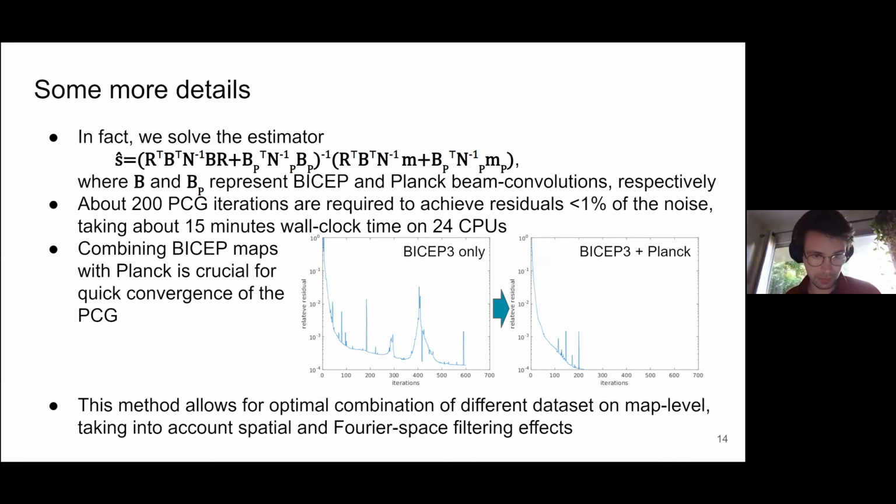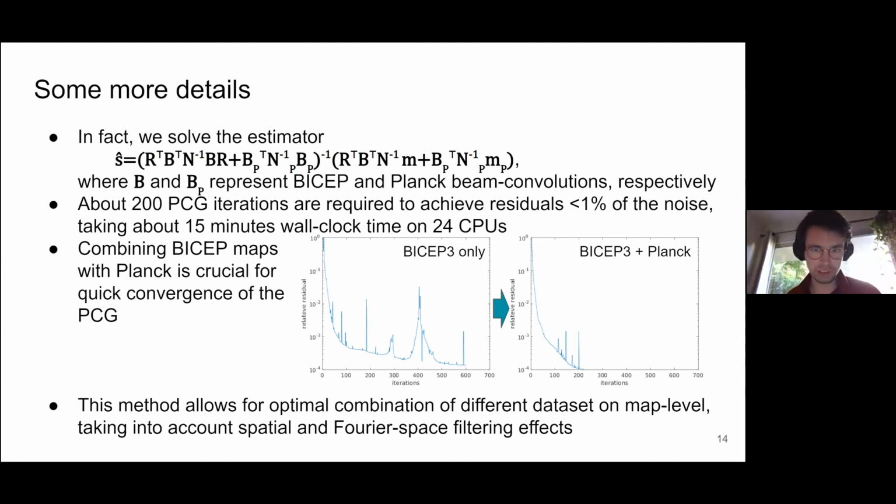And combining with Planck is not only for filling in these modes, which are badly constrained with BICEP, but it's also about regularizing this matrix inversion and making it much quicker. The motivation is to get better comparability with external data sets, and to be able to combine on map level.